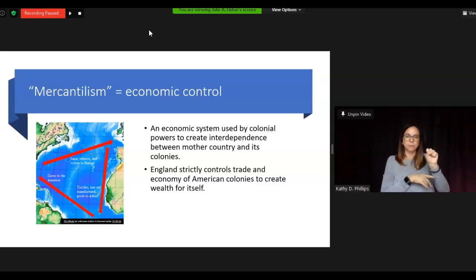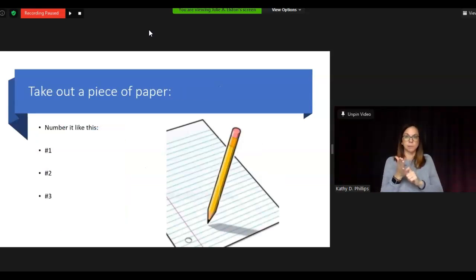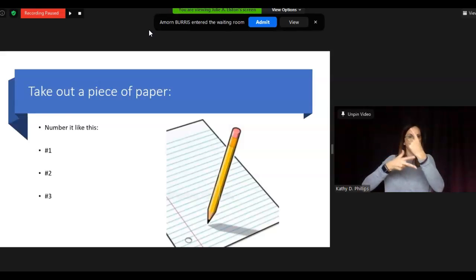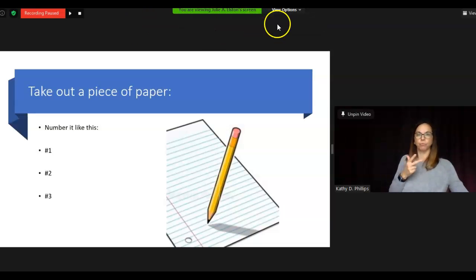I want you to take out your piece of paper that I had you find and just put 3 numbers on it. A number 1, skip a couple lines, and a number 2, and a number 3.